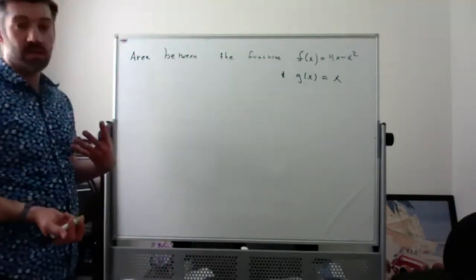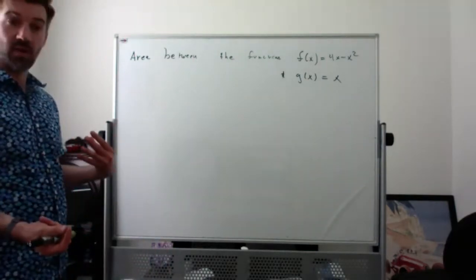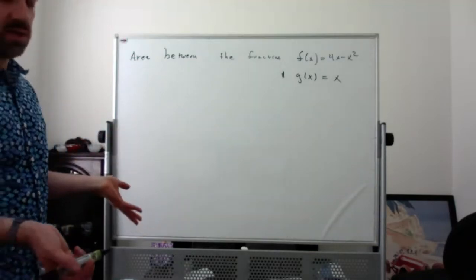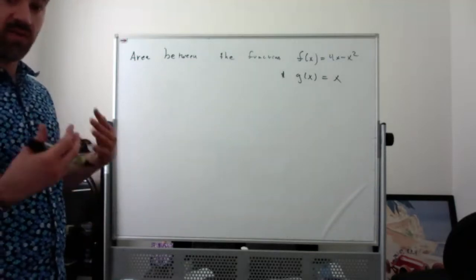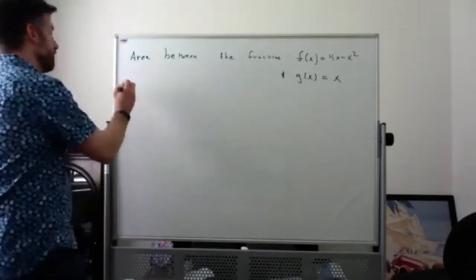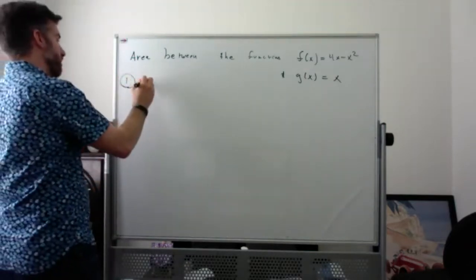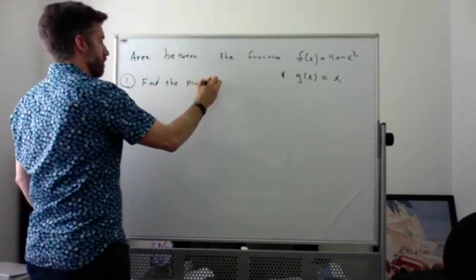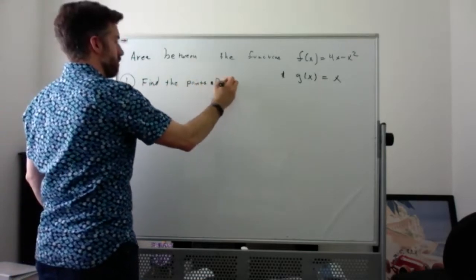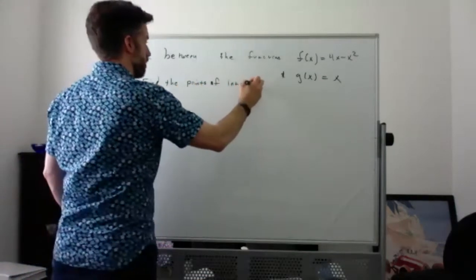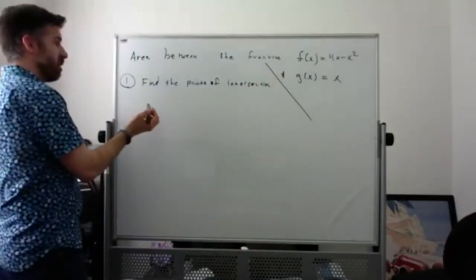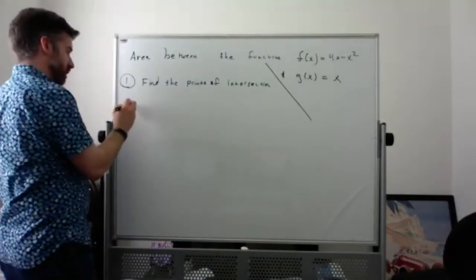To do this, well, notice I didn't give any limits of integration. If I say I want to find the area between the functions, the first thing we actually have to do is figure out where the functions intersect. So one, we have to find the points of intersection. So I'm going to set the functions equal to each other.